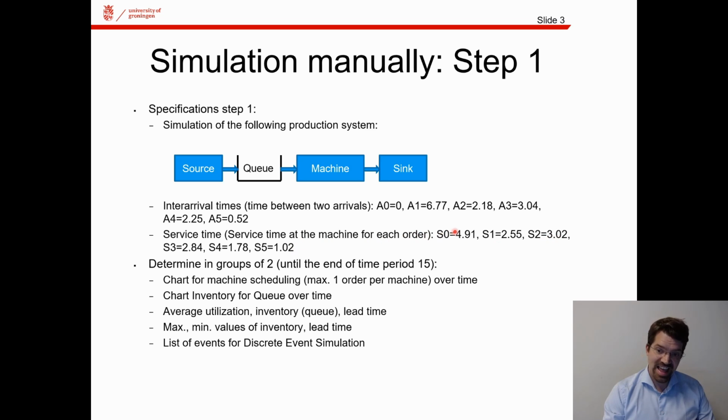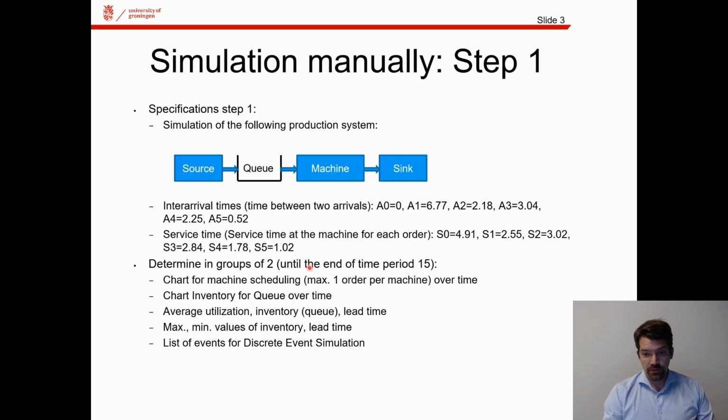And here again we see that we have predefined stochastic values for the service time. And this makes the planning more complicated because we do not know how long the processing time will take, because it's stochastic.